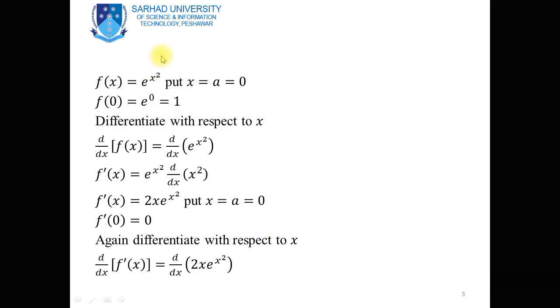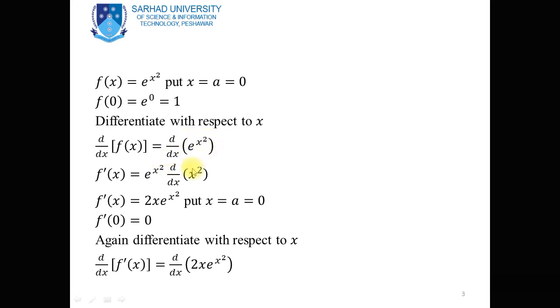Like you see over here, putting x is equal to 0 in the given function, the function value at x is equal to 0 is equal to e power 0, and e power 0 is equal to 1. Now the first order derivative of the given function with respect to x: the derivative of the exponential function will be as it is, and further the derivative of the argument.